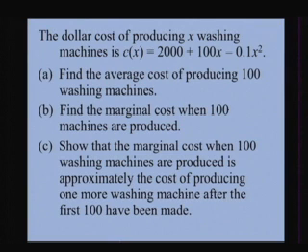I want you to, A, find the average cost of producing 100 washing machines, find the marginal cost when 100 washing machines are produced, and show that the marginal cost when 100 washing machines are produced is approximately the cost of producing one more washing machine after the first 100 have been made. Pause the video while you work on this problem, and when you are finished, restart the video to check your solution.